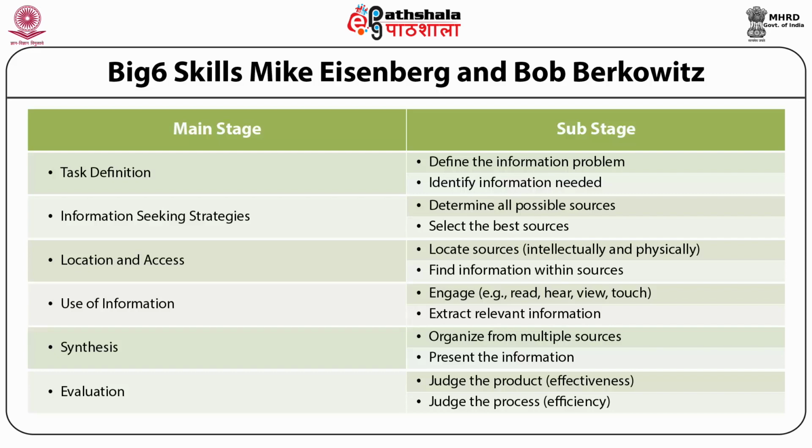And the last stage is evaluation. It has two sub stages. First, judge the product, meaning to judge its effectiveness, and second is judge the process, meaning to judge its efficiency.